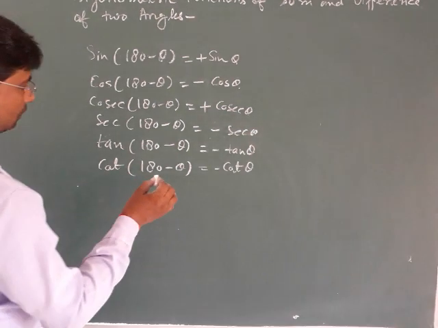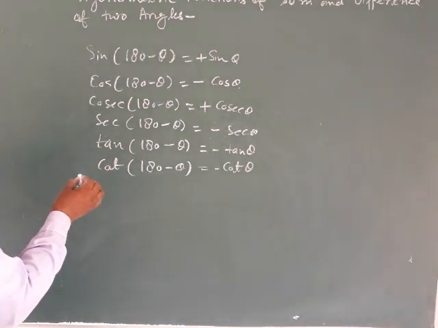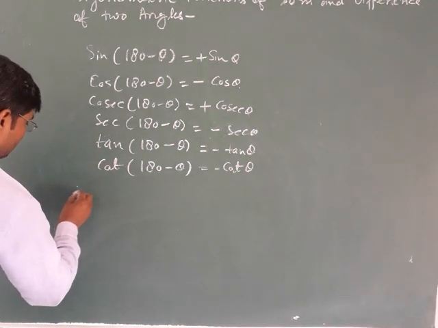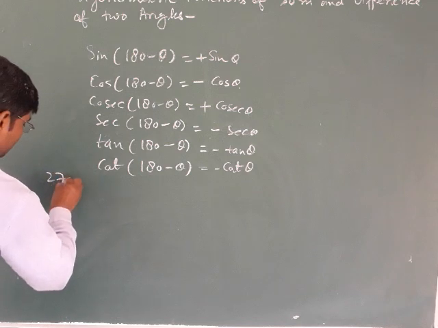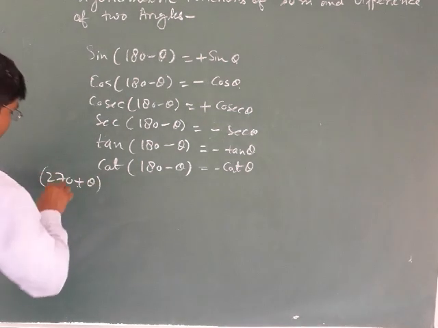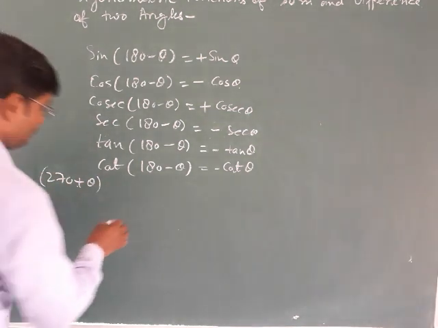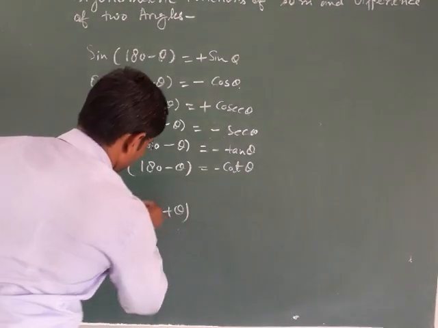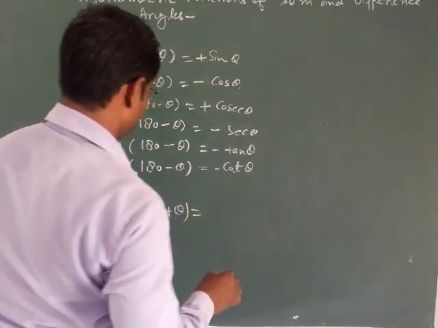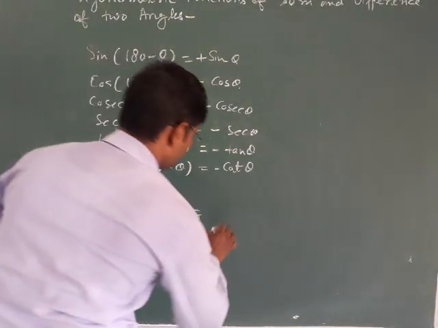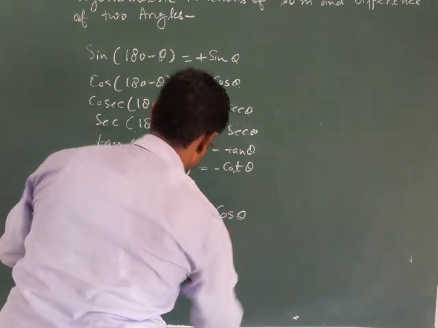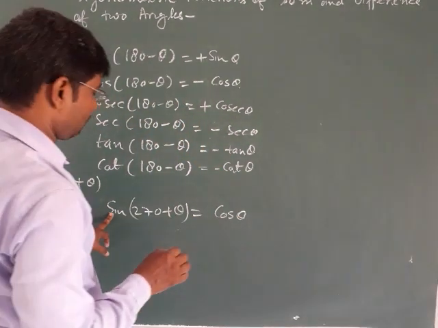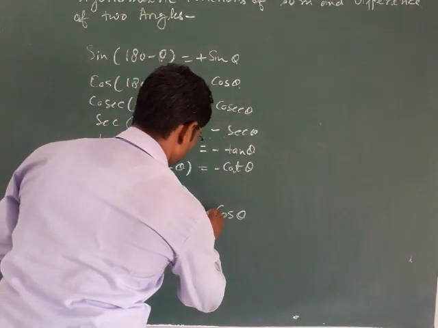Now the fourth quadrant, 270 plus theta. Sin of 270 plus theta: for 270 the sin ratio changes, so it is cos theta. The value of sin of 270 plus theta lies in the fourth quadrant, so this is minus.